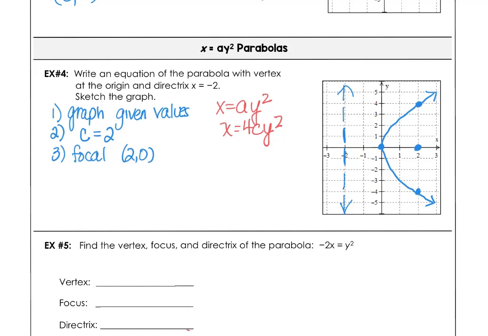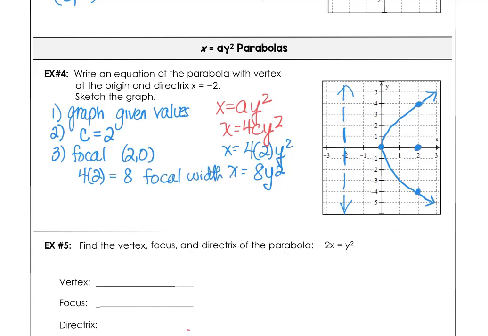And we know that the equation for our parabola is going to be, since c is 2, 8y squared. So we can find our equation because 4 times 2 is our 4c value, 8. This is our focal width.